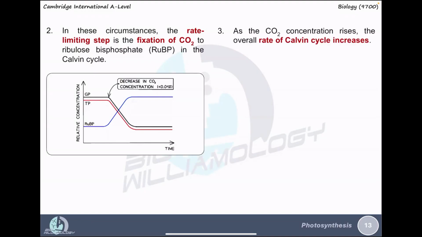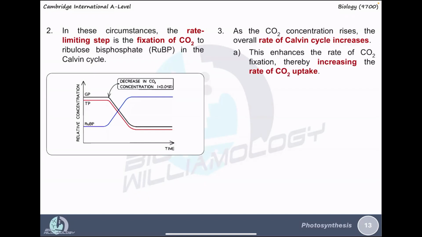So as the CO2 concentration increases, the overall rate of the Calvin cycle increases as well. This enhances the rate of CO2 fixation, thereby increasing the rate of CO2 uptake, and we can see that the rate of photosynthesis increases.